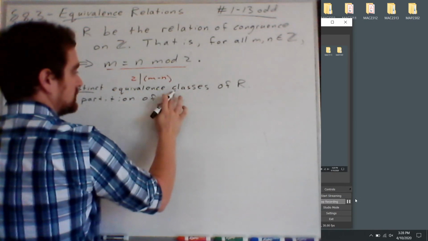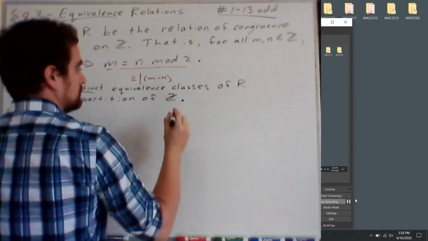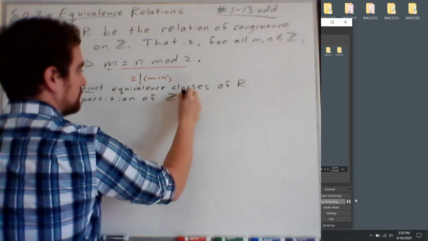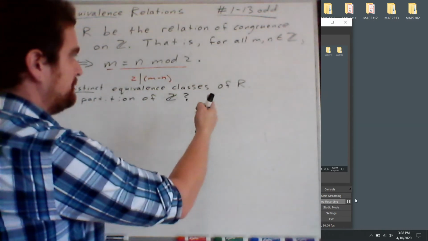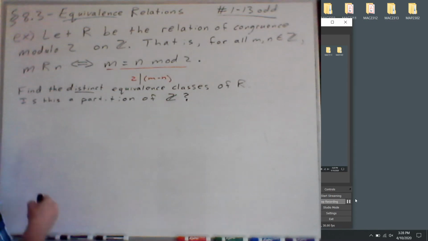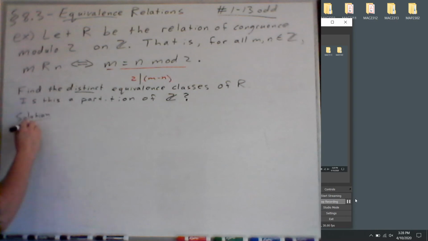Is this a partition on the integers? Question. Well, let's analyze this a little bit. How can we go about solving this and answering that question? How do we find the distinct equivalence classes of R?